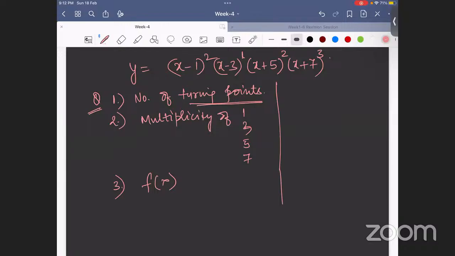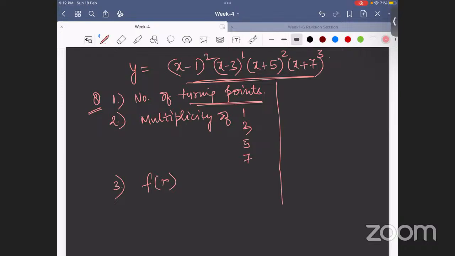You can be given some polynomial, or a plot of the polynomial, and then be asked for information. There can be an MSQ with the number of turning points, or the maximum number of turning points this function f(x) can have. Those types of things can be asked.